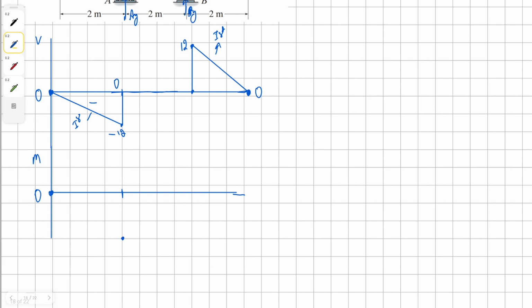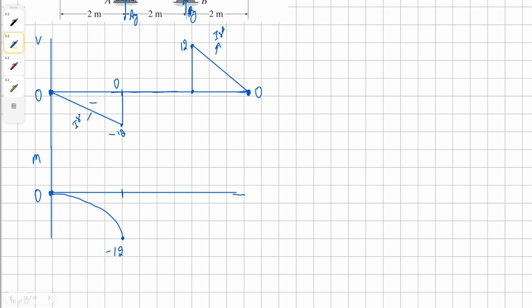It's going to be negative somewhere here. So the area of the triangle is half times negative 12 times 2. And this gives us negative 12. And because our shear curve is negative and increasing, it's going to be concaving downwards like so.